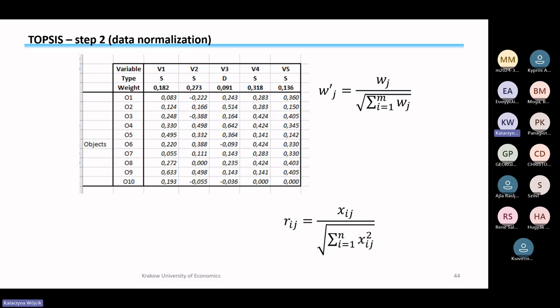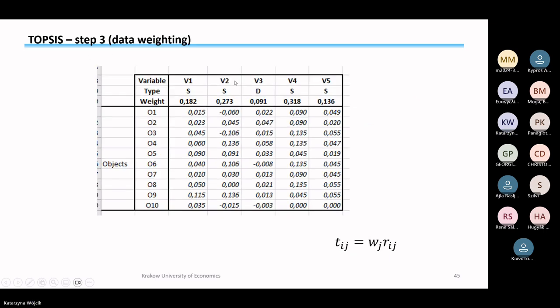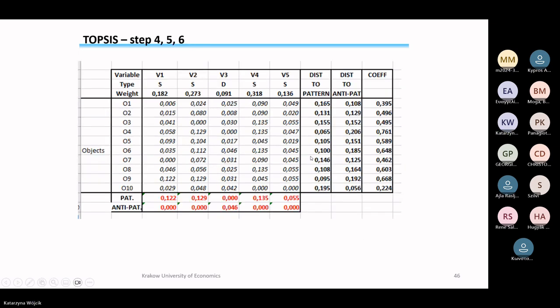Next step would be data normalization. We've got different solutions for stimulants and for destimulants. We've got one destimulant here. We are weighting our data. Then we calculate distance to pattern, distance to anti-pattern, and the coefficient.